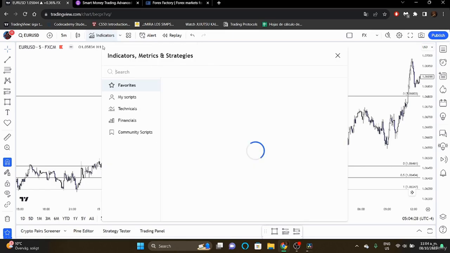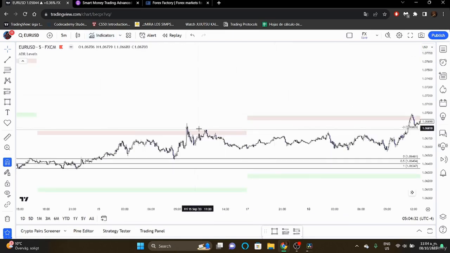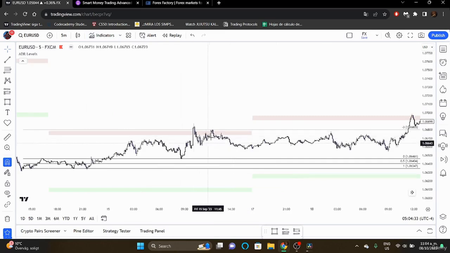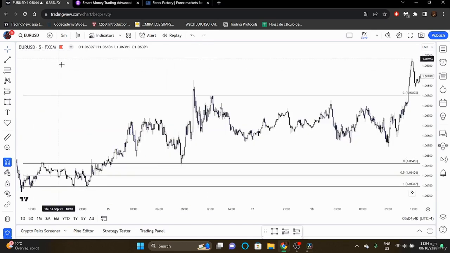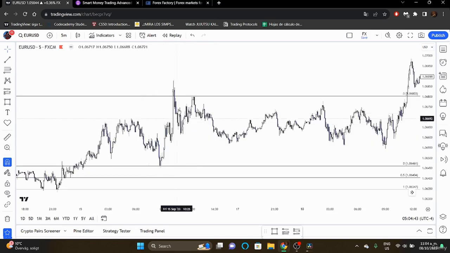Also, something is the ADR, average daily range. As you can see, ADR and standard deviations work. The price may not displace more than the average daily range. It's for us to know where to take our profits and where the high is likely to form, so we do not miss most of our profits.